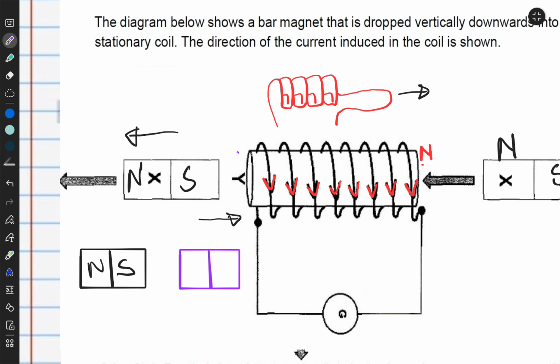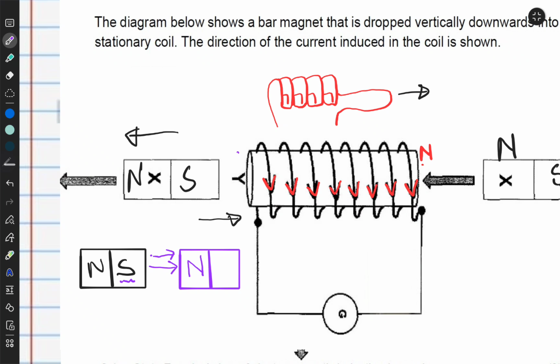So the pole of the solenoid that's facing the pole of the magnet cannot be the same. If this is south pole, my solenoid at Y must be north pole. Then attraction will occur.